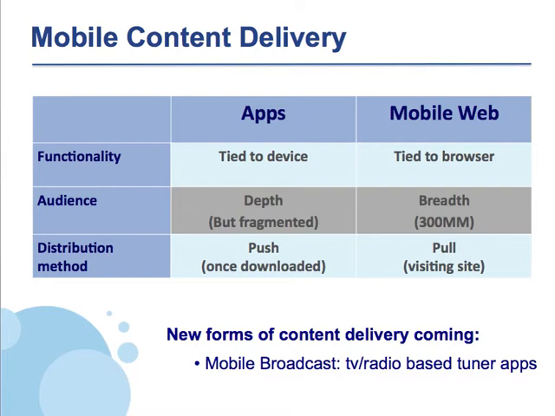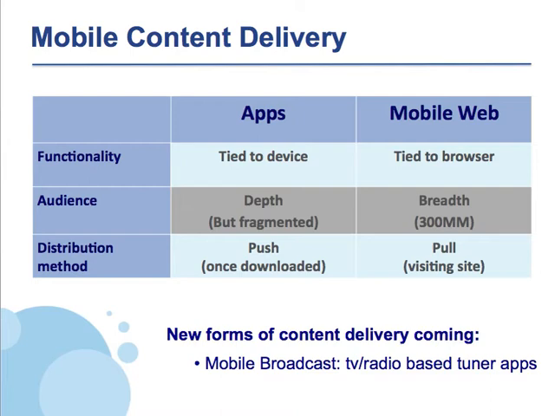So the audience for apps, once again, it's because it's tied to the device, it's pretty specific. But once you get, say, an Android client to download your app, they're going to be pretty faithful to downloading upgrades to that app and using that app because that's the one that works for their phone.